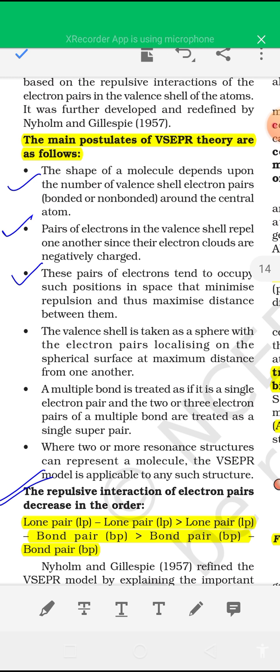Shape of covalent molecules. To state the shape of different covalent molecules, you have to read this valence shell electron pair repulsion theory.